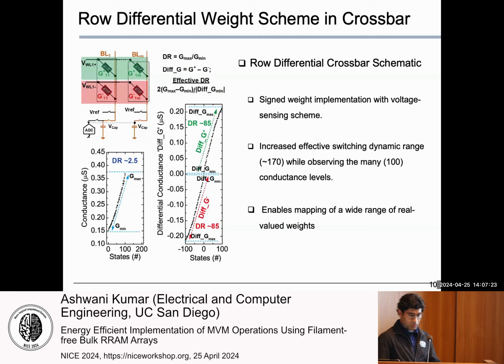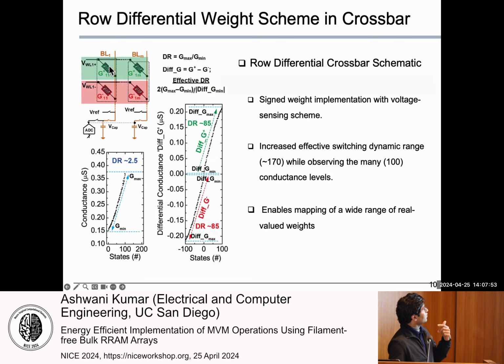Okay, so in terms of crossbar implementation, we also employ a row differential scheme, which is very innovative, and it helps us implement signed weights with a voltage sensing scheme for our crossbar arrays. So let me briefly explain this row differential scheme. Basically, we choose two RRAM devices connected on consecutive word lines and sharing one vertical line, this one.